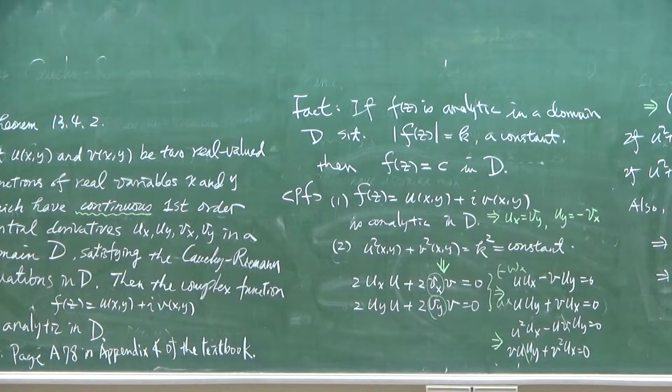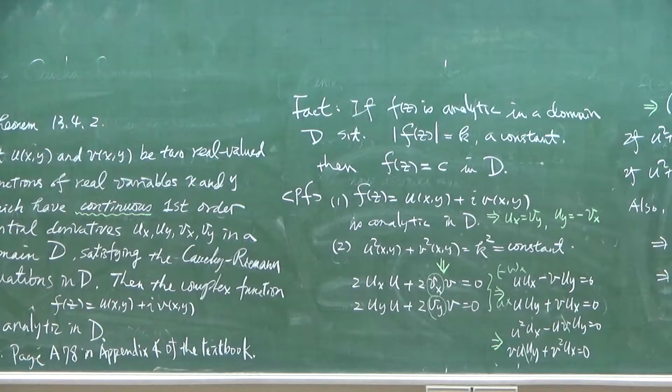So now, with polar form, f of z becomes u(r, theta) plus i v(r, theta). So we just do the coordinate transformation. Originally we have u(x, y), v(x, y), but we can change the coordinates. This is why we are talking about the polar form.